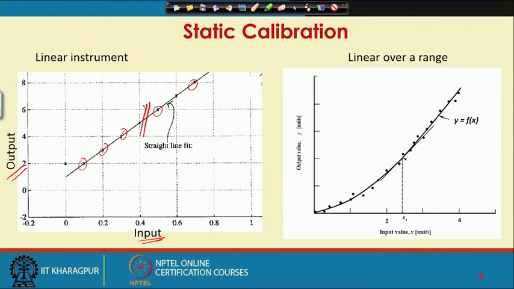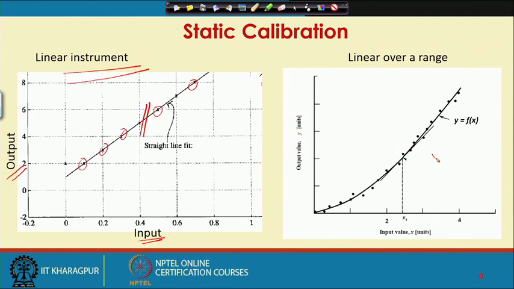So, we say here that a linear relationship exists between input and output, and we also call the instrument linear. If the functional relationship between input and output is linear, it has distinct advantages because interpolation and extrapolation becomes extremely easy and reliable.